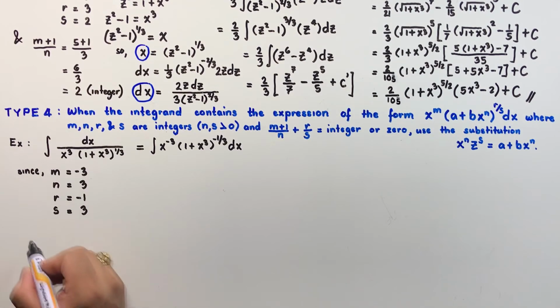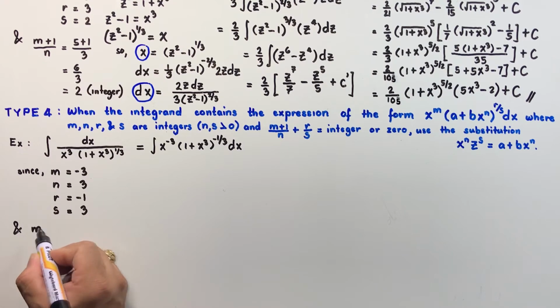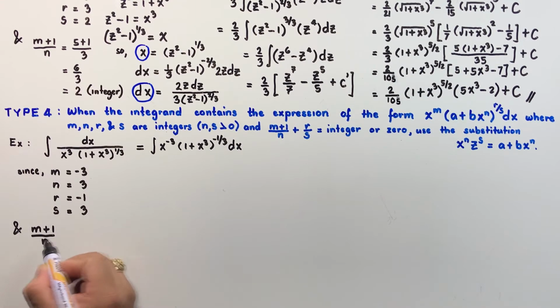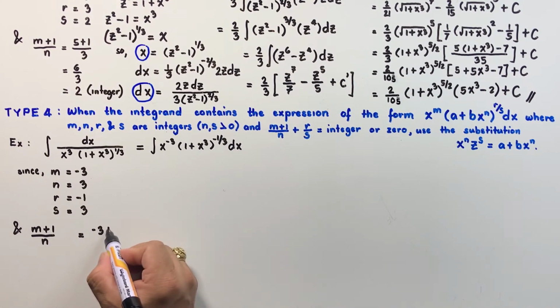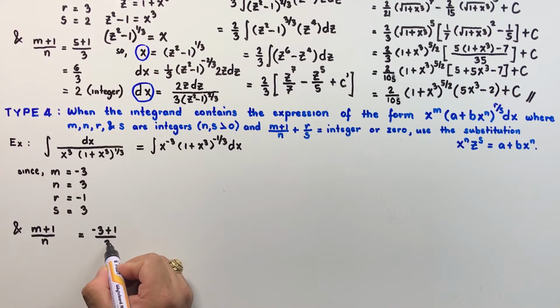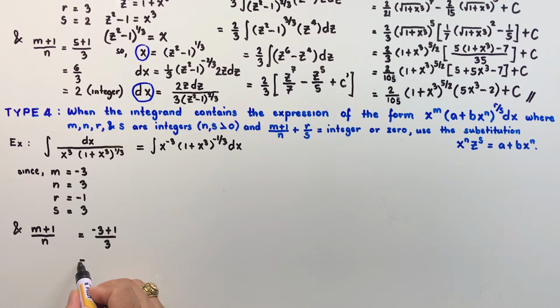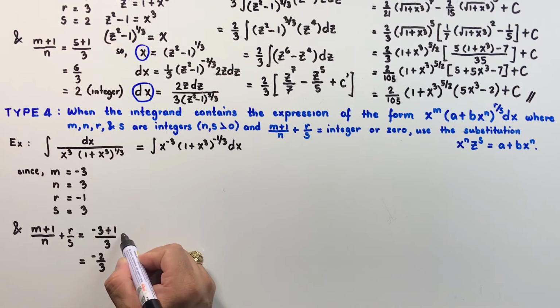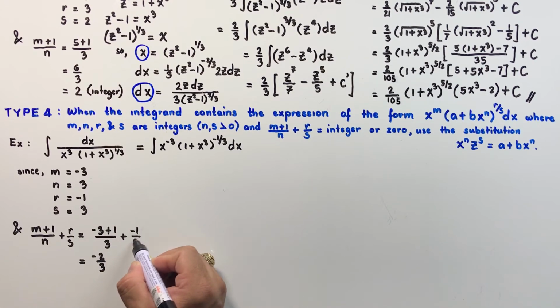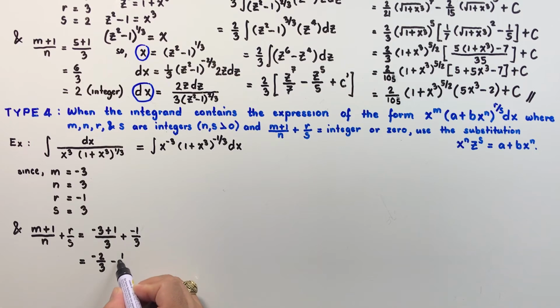And we can check that our (m plus 1) over n is not an integer, because our m is -3 plus 1 over 3. And we notice that this one is -2/3. And -2/3 is not an integer. So therefore, this does not belong to type 3. But if you add a fraction of r over s, where our r is -1 with s of 3, we have -1/3 here.